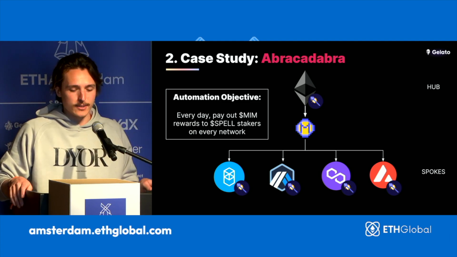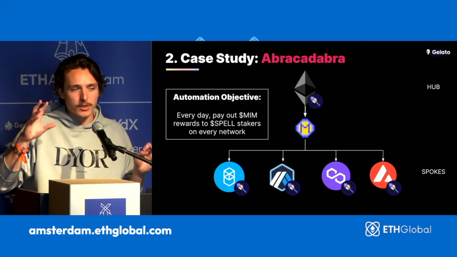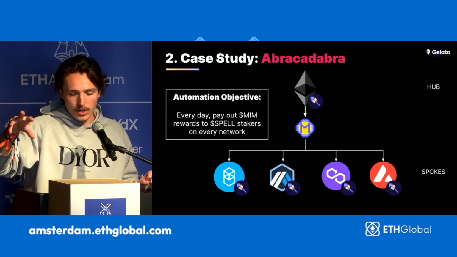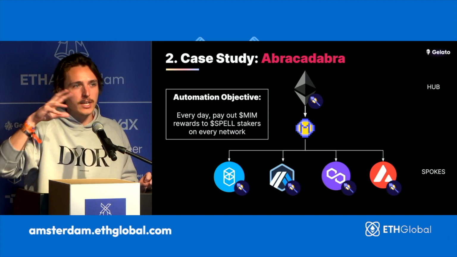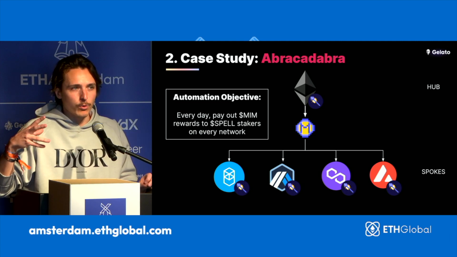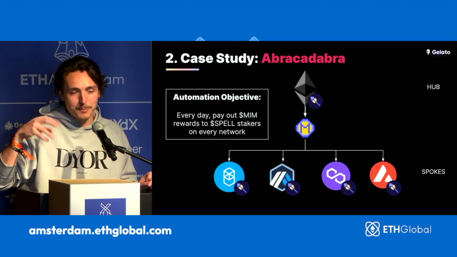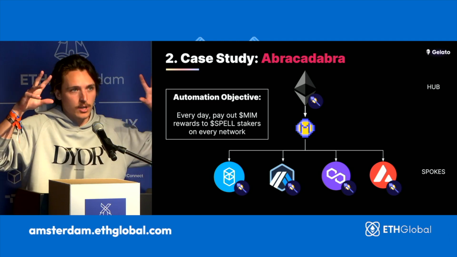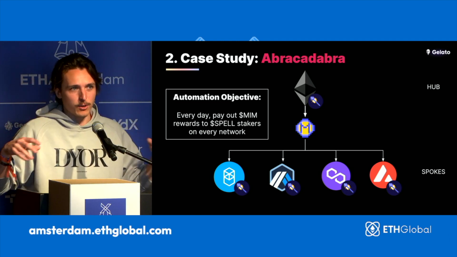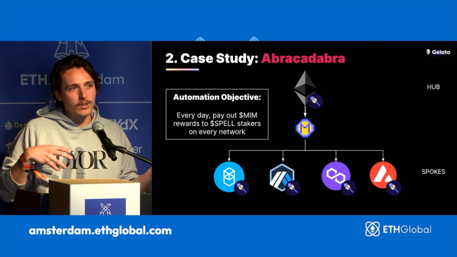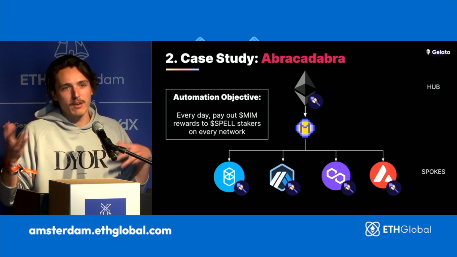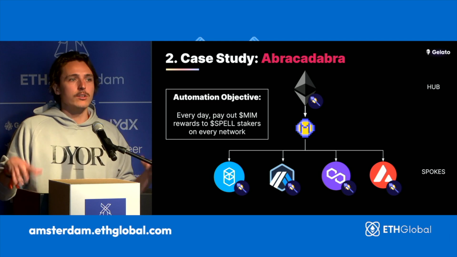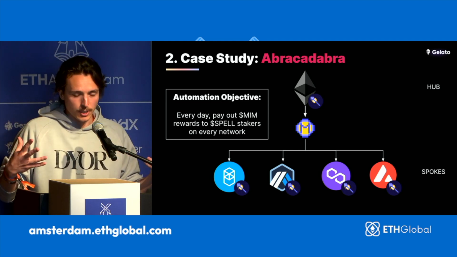So basically each of the Abracadabra implementations on Phantom, Avalanche, or whatever, they need to understand not only how much Spell was staked on their network, but how much Spell was staked in total everywhere, right? And obviously, Polygon doesn't know how much Spell was staked on Avalanche and vice versa, so you need to aggregate that information somehow.